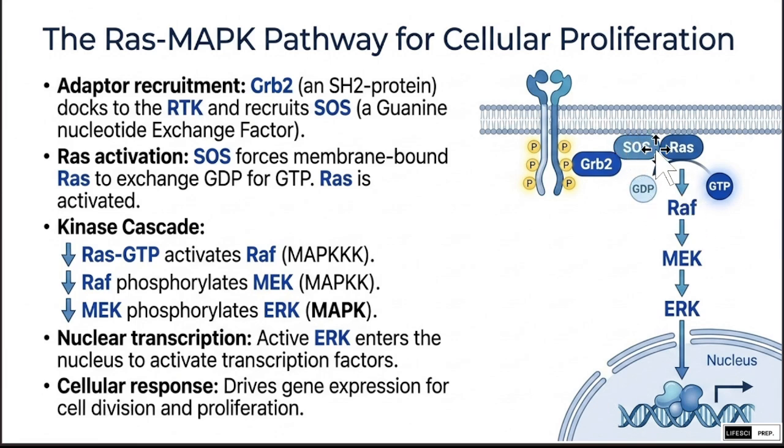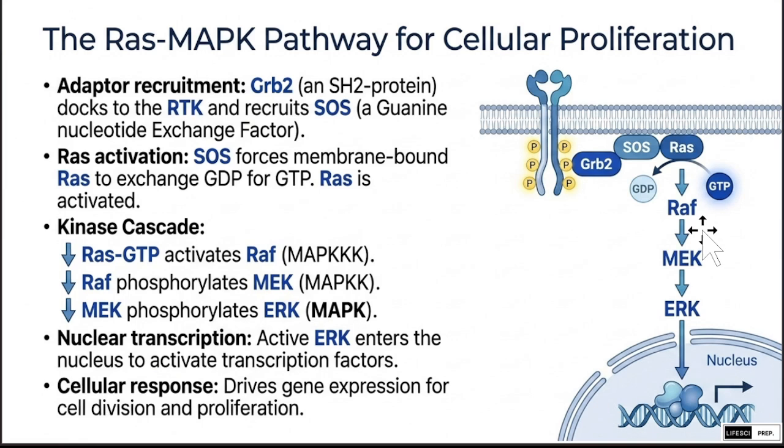Then SOS forces the RAS protein to be activated by exchanging GDP for GTP. After RAS activates, it creates the cascade of activations, that is RAF, MEK, and ERK.